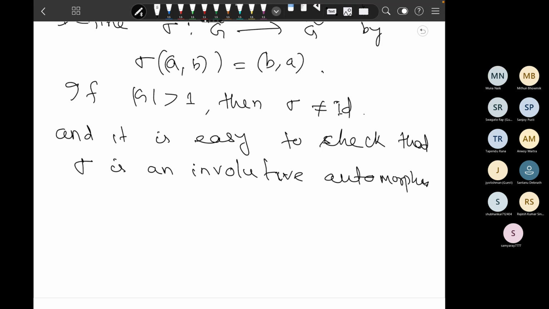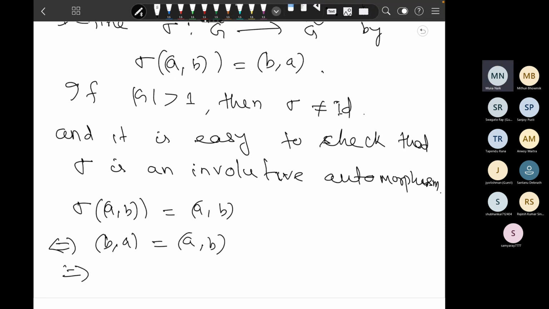Okay, involutive automorphism. Now we want to really find out the G sigma. So sigma of (A, B) is equal to (A, B) if and only if (B, A) is equal to (A, B).